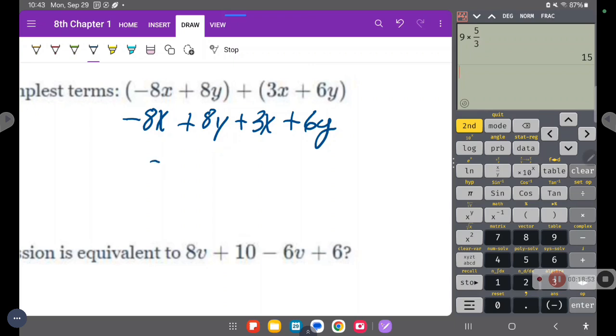Correct. And then 8y and 6y combine to become what? 14y. Yes. Make sure you put plus 14y. Okay, you need to dial in right there. That's the answer.